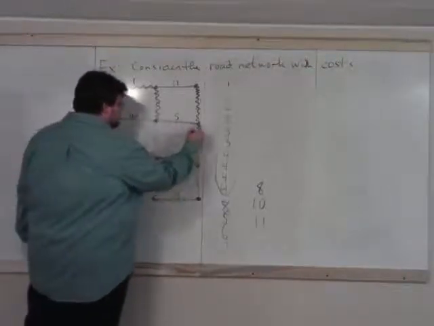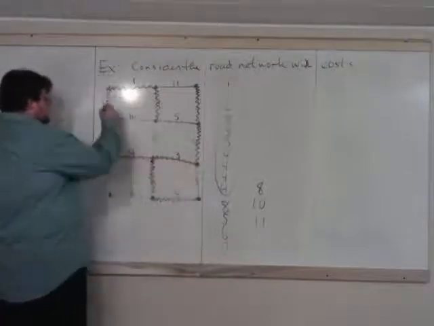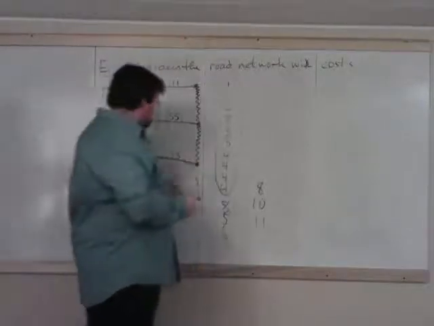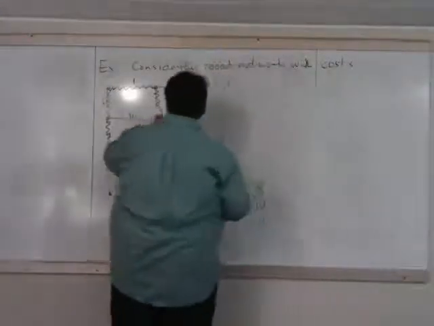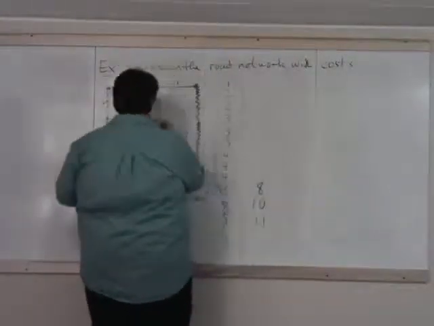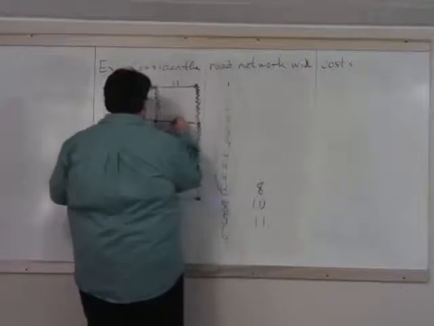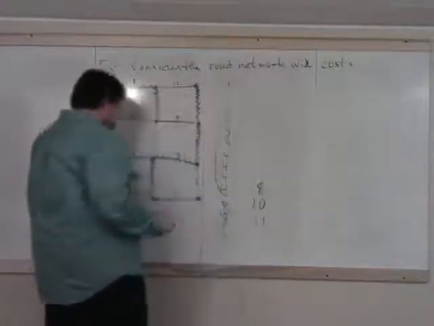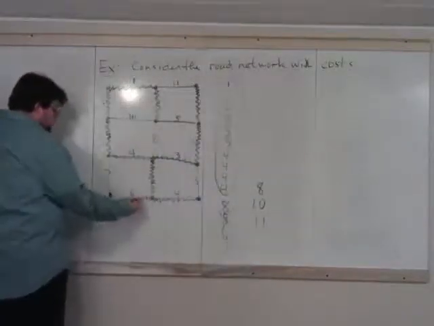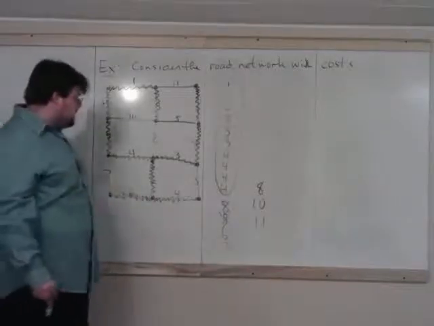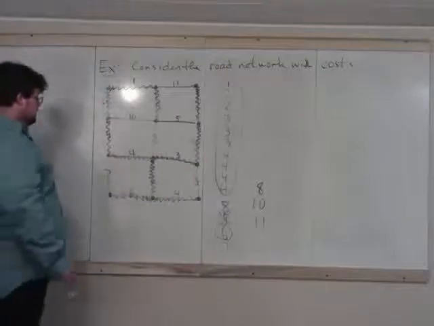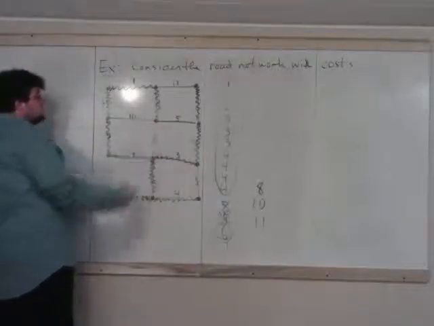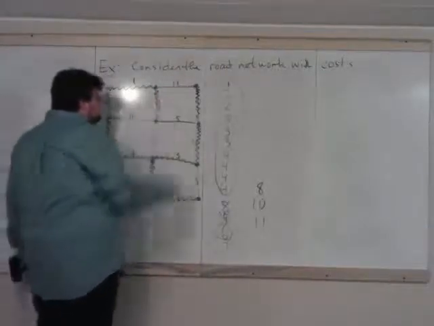So it creates this L-shaped cycle. So we'll not add that other 5. What about 6? Well, yeah, 6 will give us the last edge. Add any of these others, and it'll make a cycle, that'll make a cycle, that makes a cycle, and that makes a cycle up there.